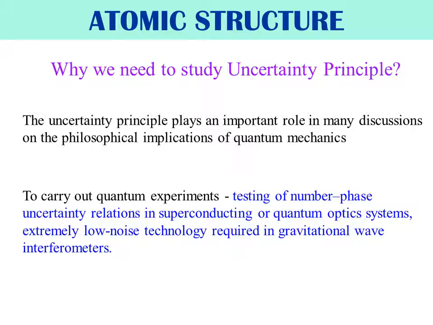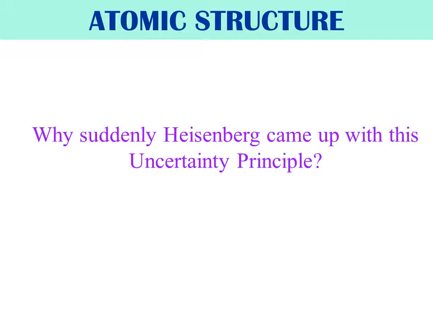Now, why did Heisenberg suddenly come up with this uncertainty principle? Previously the question was asked why we need to study the uncertainty principle, and we have understood that. The next question is why Heisenberg suddenly came up with it.